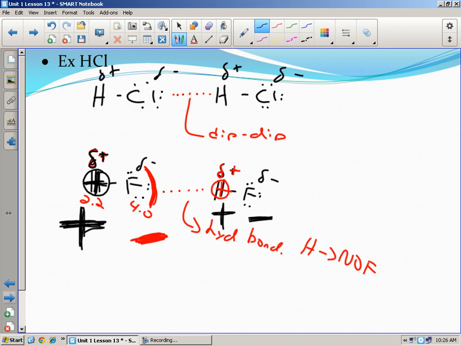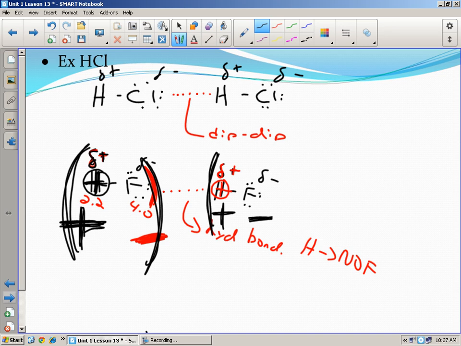It's not ionic. It's still a very positive end and a very negative end, but it's not plus and minus; that's ionic. So don't get confused here with my little drawing of pluses and minuses. I'm just trying to say that this is very positive, very negative.